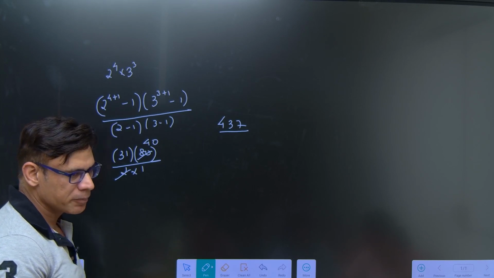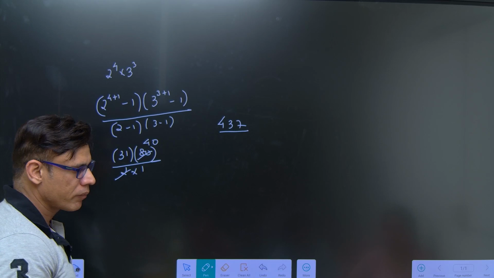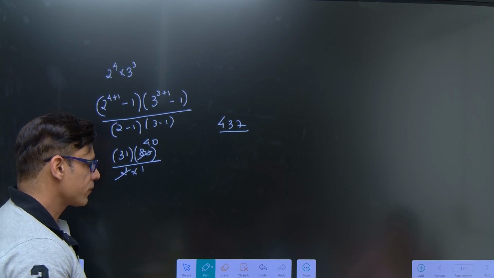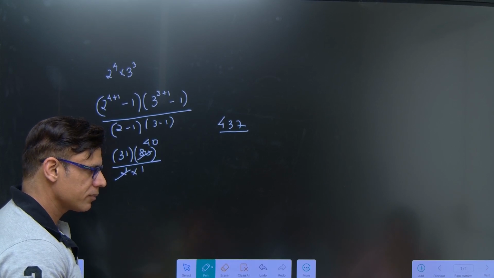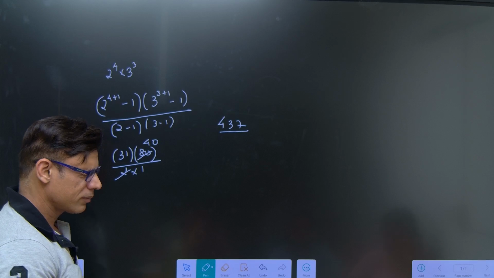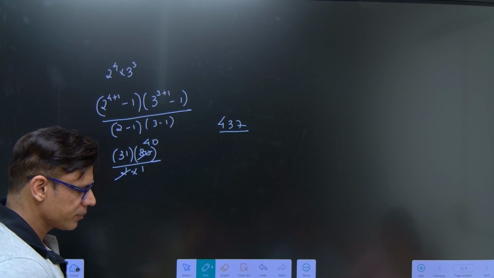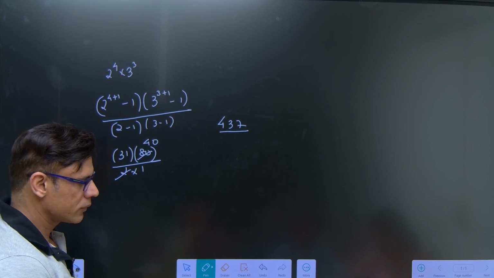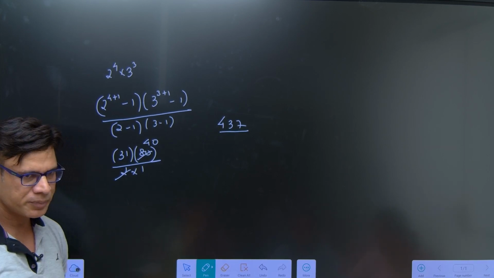Divisible by 23. 23 का square by 29, right? So आगे नहीं check करना है तुमको.